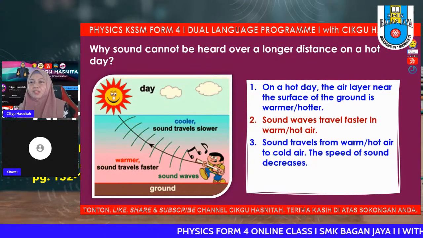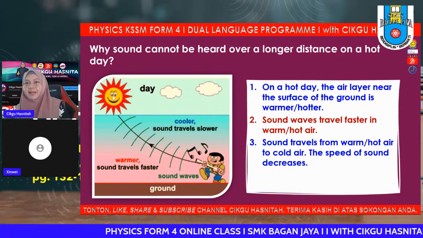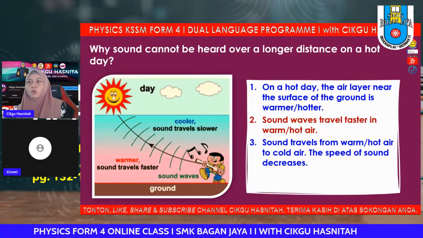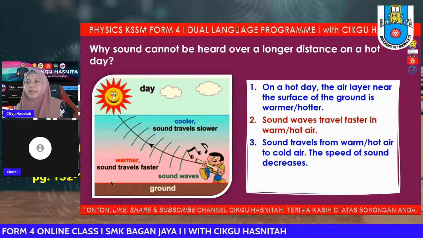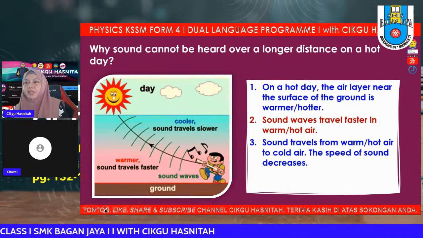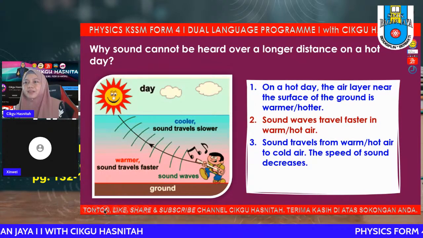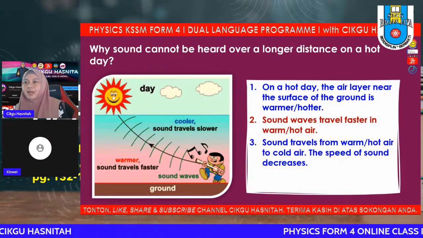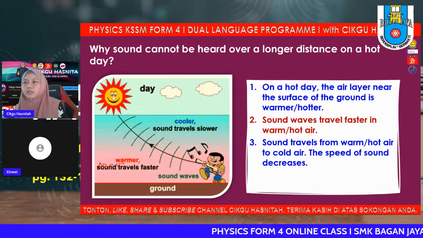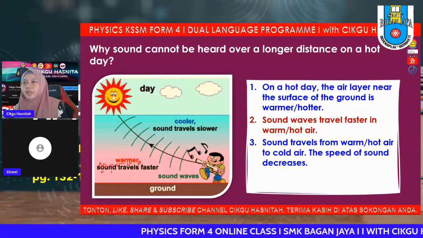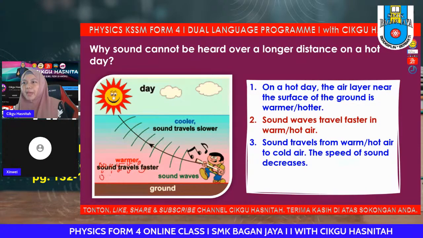If you look from logic, denser material will be below. So warm air itu denser. So denser means the air molecules are closer to one another. Okay, the air molecules here are closer to one another, so that gives a higher density of warm air.